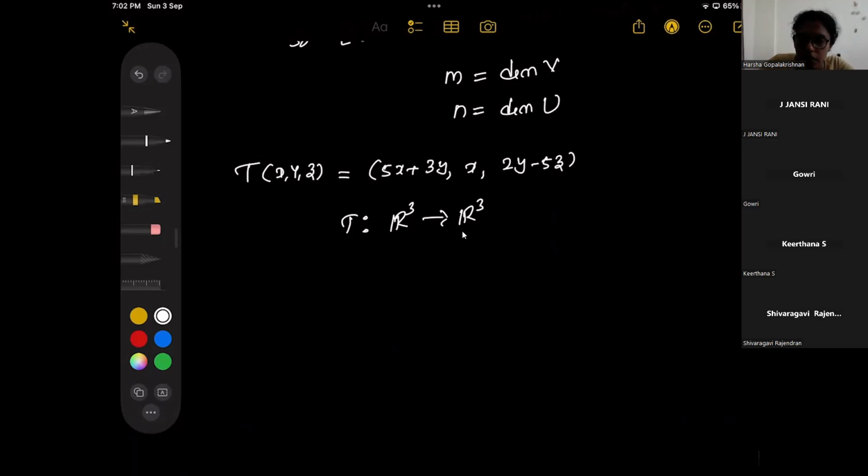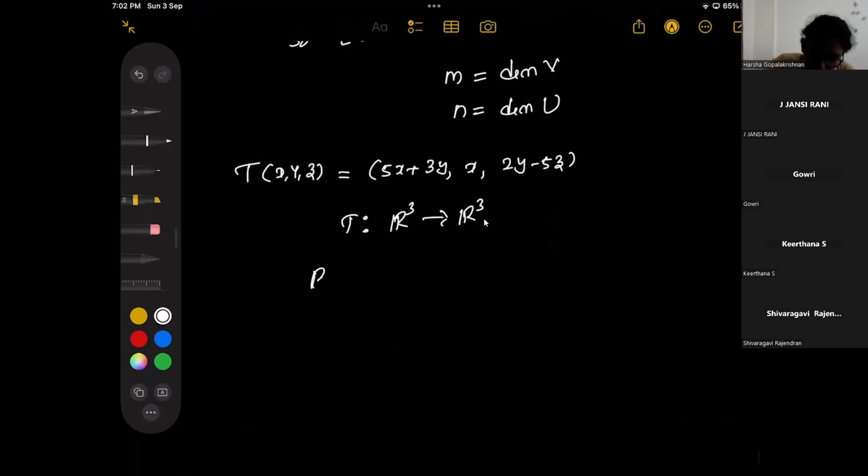So let B1 be the basis of R3. Here both the domain and codomain are R3, so we have the standard ordered basis for R3. What is the standard basis of R3? 1 0 0, 0 1 0, 0 0 1.